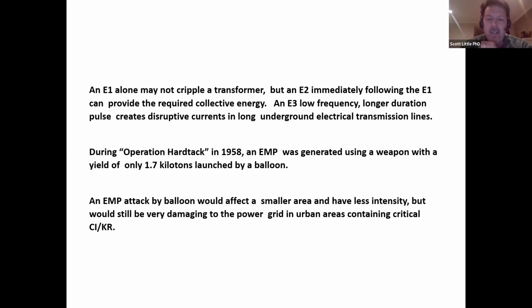And an E3, again, the low frequency, longer duration pulse, can disrupt a lot of different things, especially in underground electric transmission lines. And again, they used this Operation Hardtack, where they used a very small nuclear device, only 1.7 kilotons.